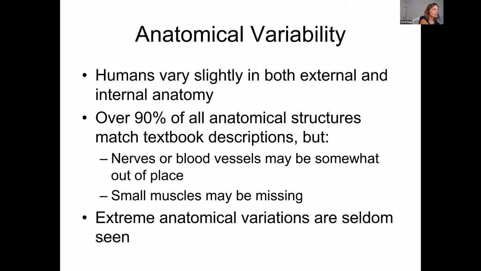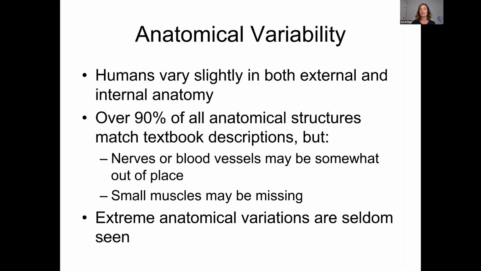I usually get students that want to know in anatomy, why do we have to dissect stuff? Why do we have to do this? And the reason is right here, anatomical variability. One thing that it's really important that you always remember is that we look different on the outside, but we also look different on the inside.